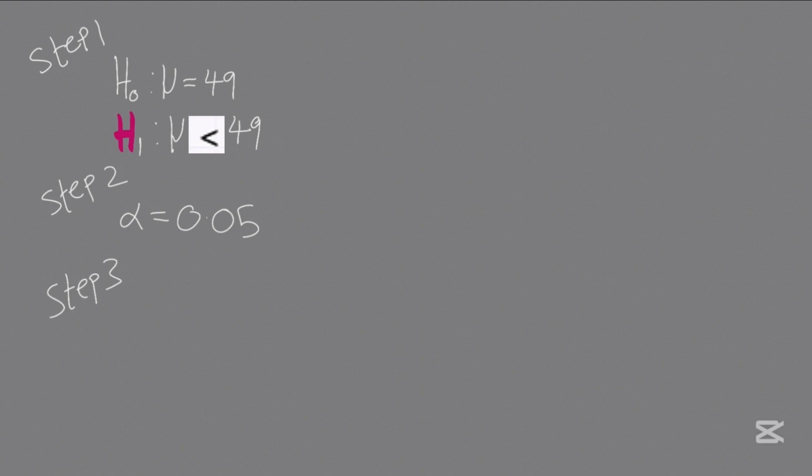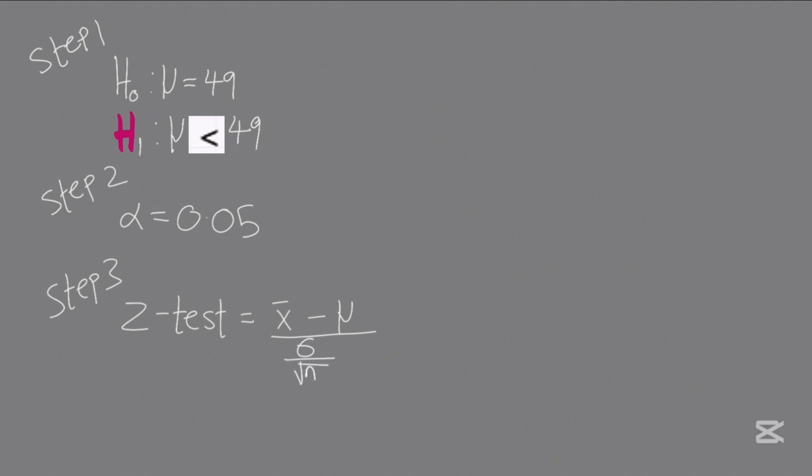So that's why we're going to use a z-test for this. So step 3, that will be z-test. And remember the formula for z-test: your sample mean minus your population mean, divided by your standard deviation over square root of n.